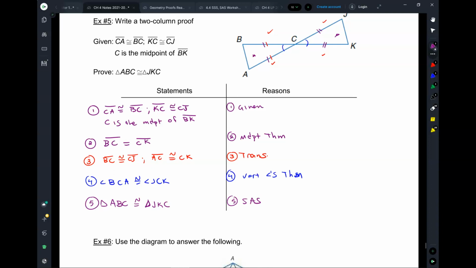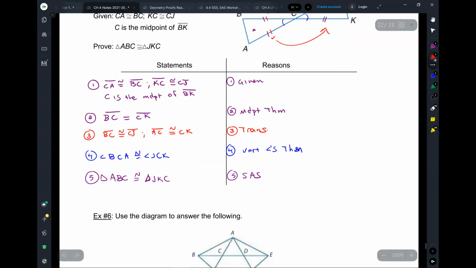Step 3 is what said that's congruent to that, and that's congruent to that. Correct, because how can you prove 2 triangles congruent if 2 sides here are congruent to 2 sides there?